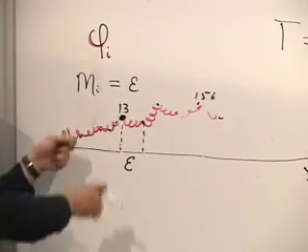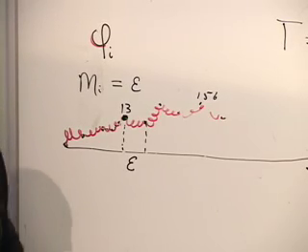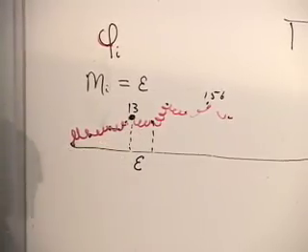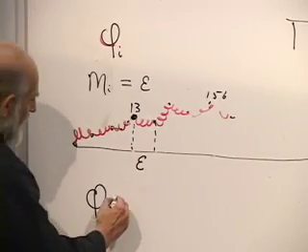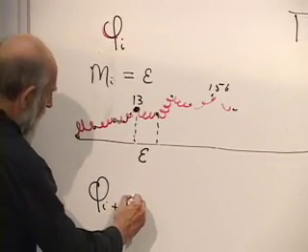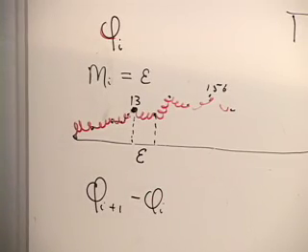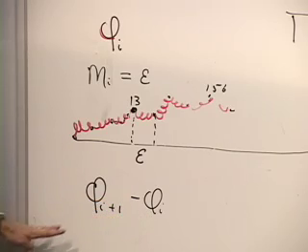When you separate the neighboring particles vertically, the spring gets stretched. The stretching of the spring is proportional to the difference, let's say phi I plus 1 minus phi I. That's how much the spring between I and I plus 1 is stretched.